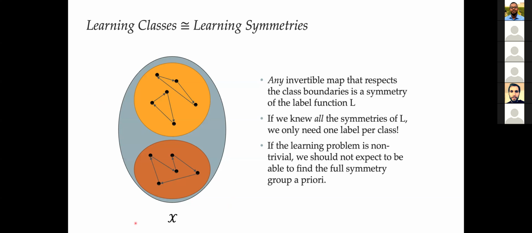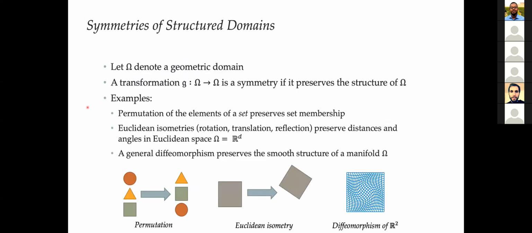So if we can't know all of the symmetries of our label function a priori, what are we going to do? Well, it turns out that at least in a large class of problems, the ones that we refer to as geometric deep learning problems, there's a source of symmetries that comes from the domain on which the data lives.